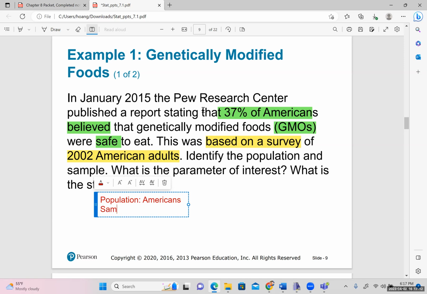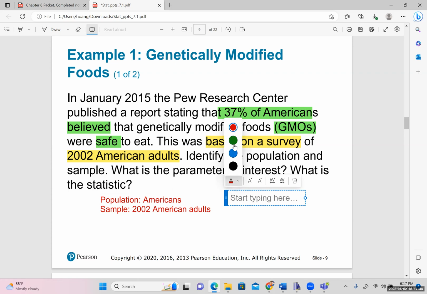And the sample is 2002 American adults. So the parameter of interest: because our population is Americans, what are we interested in for this population?